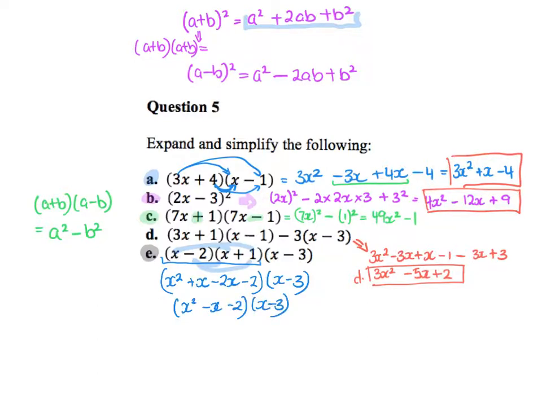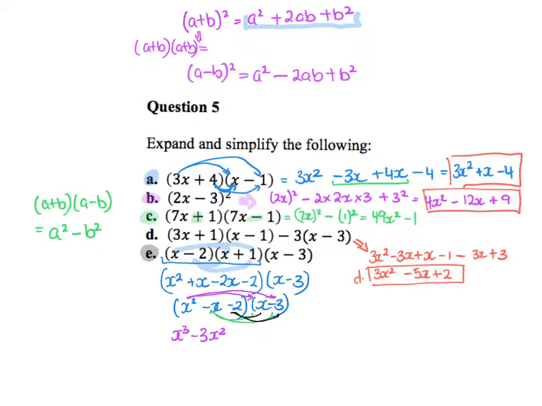Now I've done this, I'm going to have to multiply everything inside each other again. So what I'm going to do is multiply that by that and so on, and then you've got to do this term by both things, and then the last one is that by that. Okay, so I'll do that in colors so you can see. So I've got x squared by x is x cubed, x squared by minus 3 is minus 3x squared.